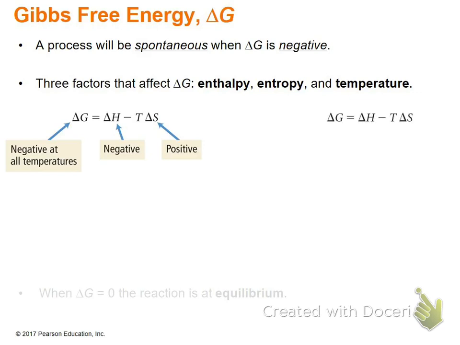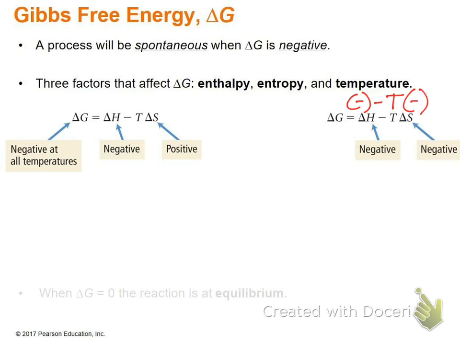All right, what about when delta S is negative? So basically both negatives here. If we have negative delta H minus T times negative delta S, then delta G will be dependent upon the temperature. So a negative minus T times a negative.